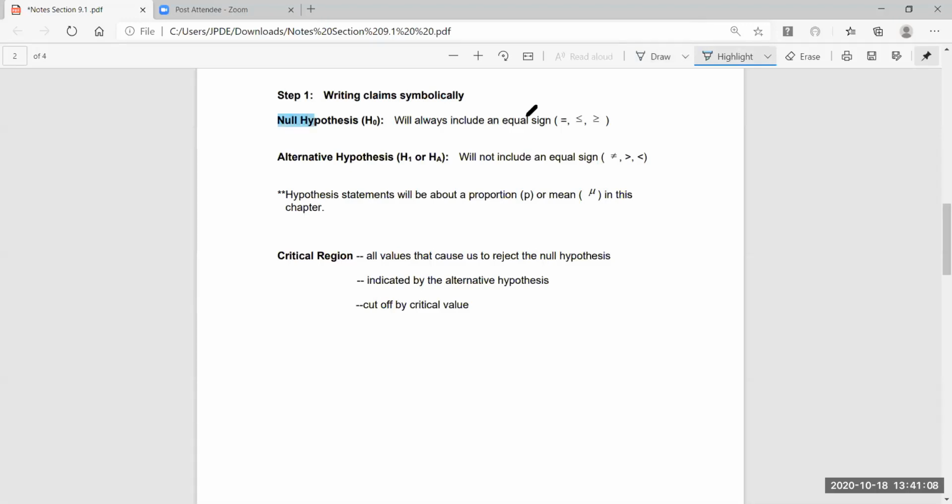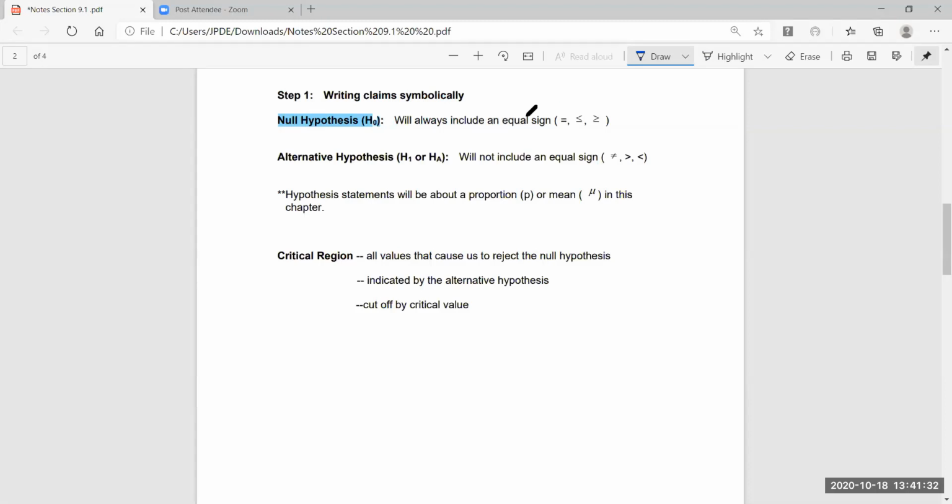The first one we're going to write in symbols is called the null hypothesis, which we say H sub 0. That's what we're starting with. The null hypothesis will always have an equal sign in some form. And sometimes that gets people.